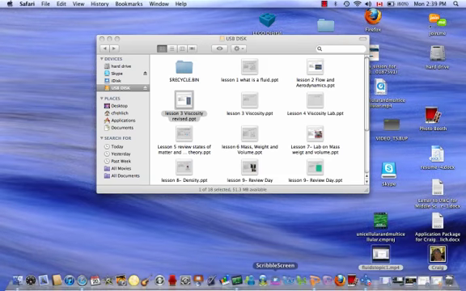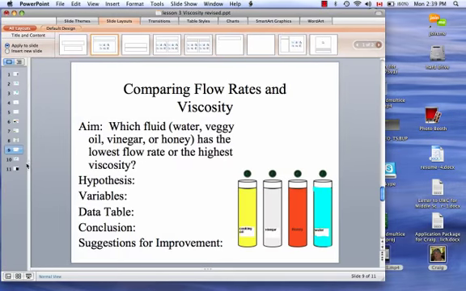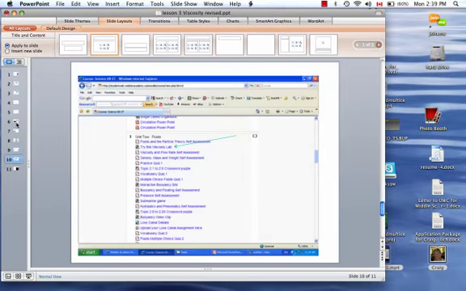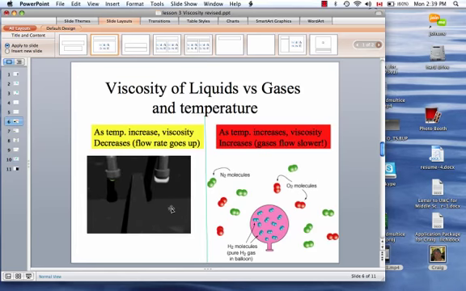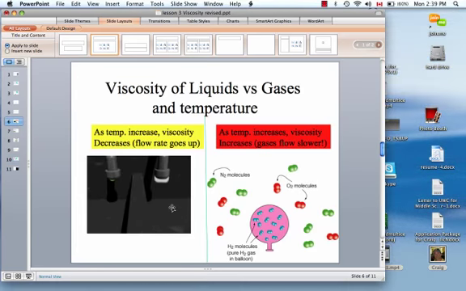So that gives you a good idea how temperature also affects viscosity. The higher the temperature of the liquid, the quicker it flows.